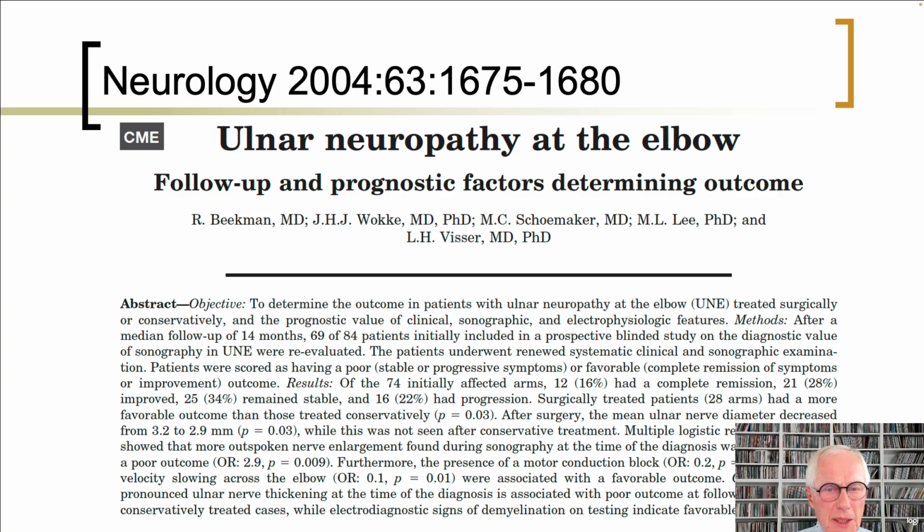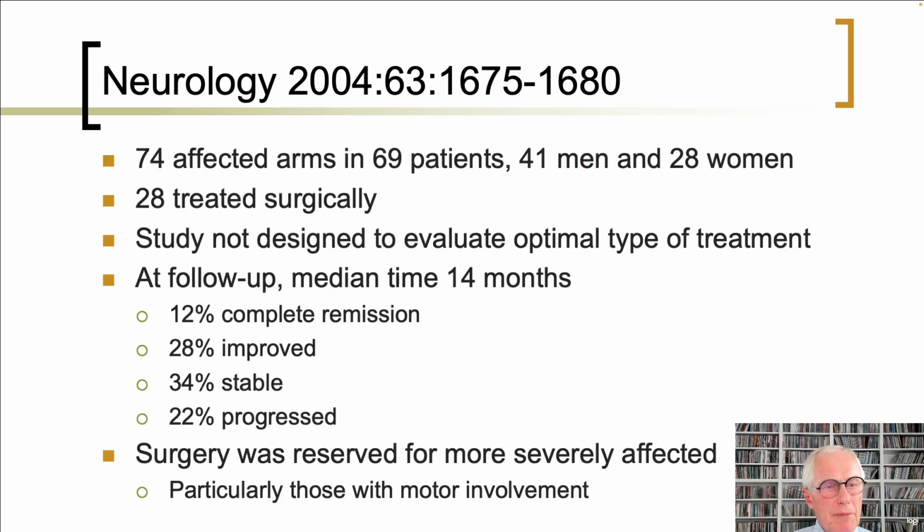Here is a group of neurologists that have looked at ulnar neuropathy at the elbow, followed them up and looked at prognostic factors. There were 69 patients with 74 affected arms, again more men than women, and the more severely affected were treated surgically.